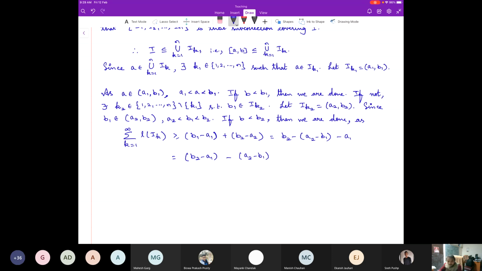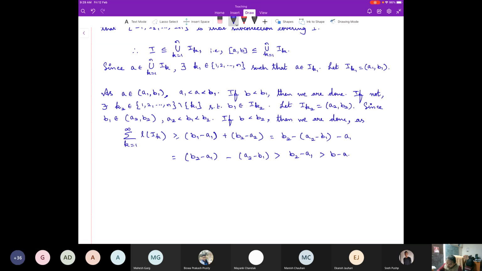A2 minus B1 is a negative quantity, therefore I am adding a positive quantity on the whole. Therefore, this whole thing is bigger than B2 minus A1, because I have added something. And now B2 minus A1 is bigger than B minus A, and this is what we wanted.